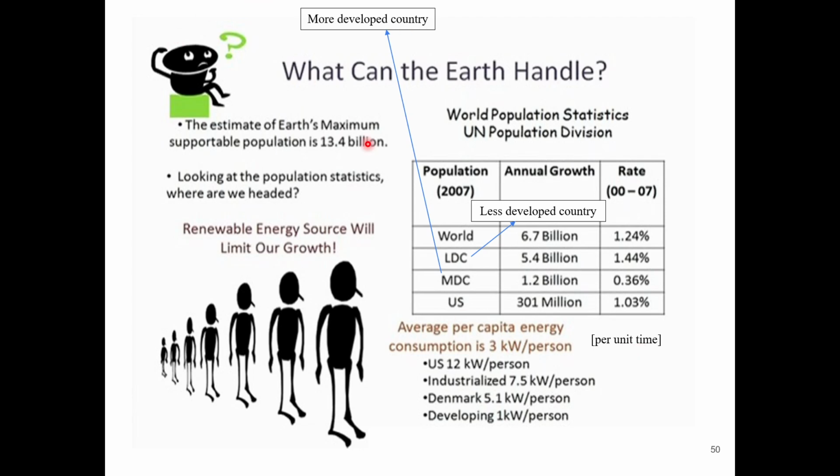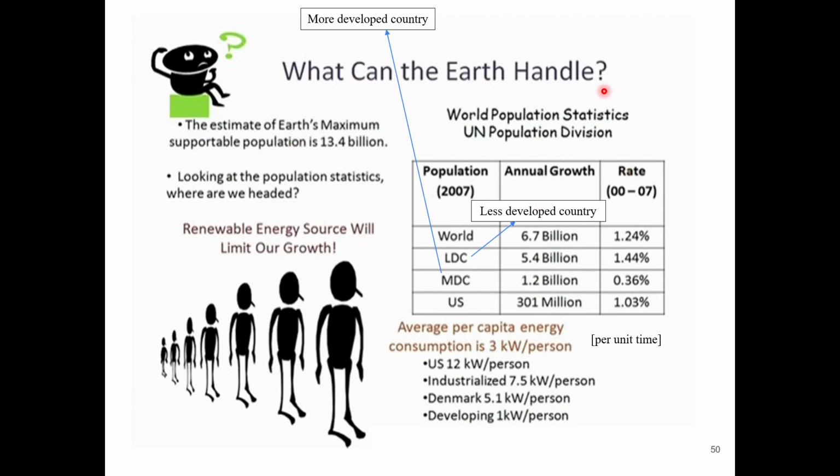So why is this important? Apart from the sustainability part, one of the most important parts related to the earth is the population. Population is a very big problem in the current scenario. Let us check this.